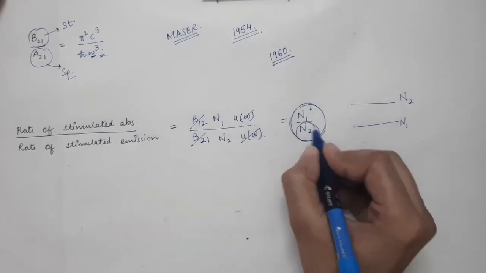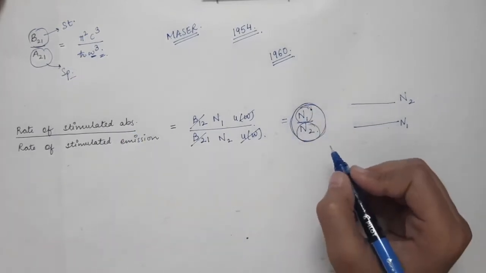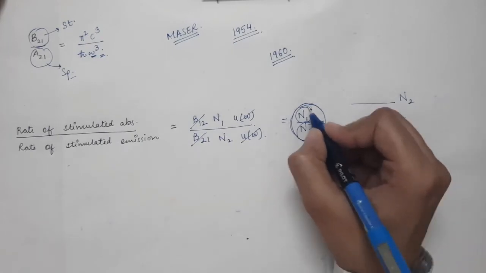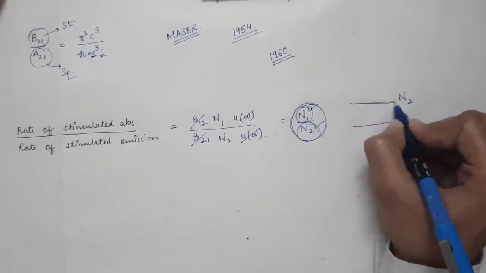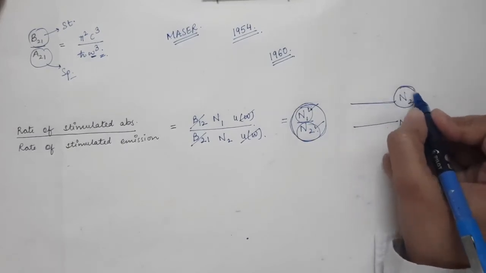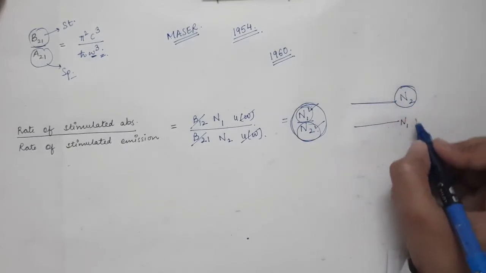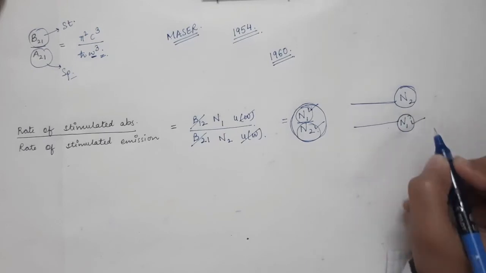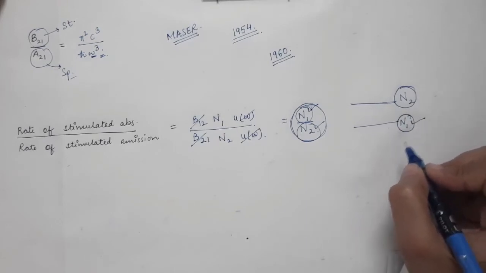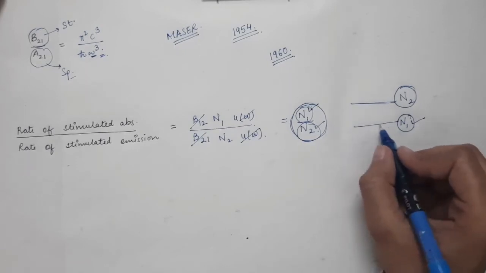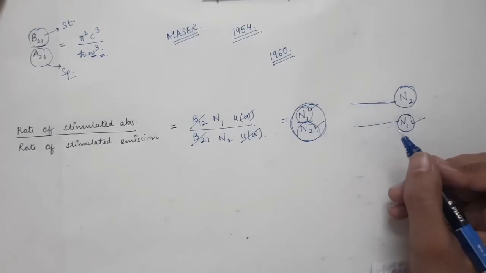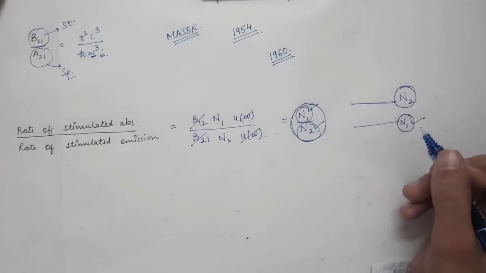We want a larger denominator as compared to the numerator, so we want more N2 as compared to N1. N2 must be more. The number of atoms in the excited level must be more than the number of atoms in the lower level. Generally, we have more atoms in the lower level, because the lower level, the ground state, is the more stable state.